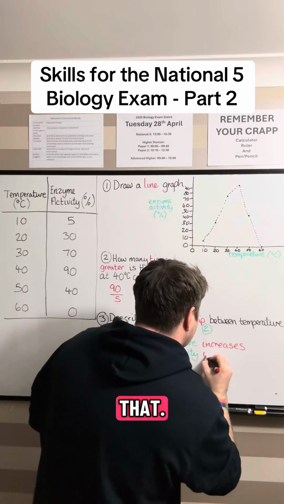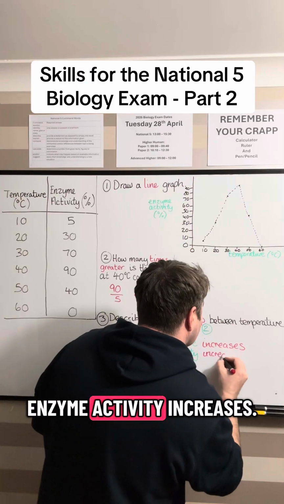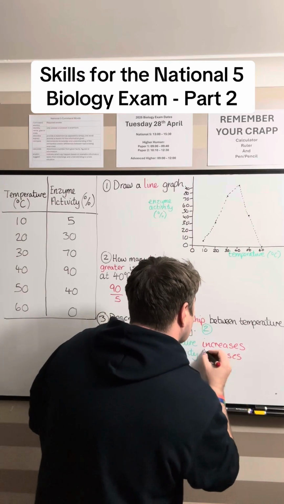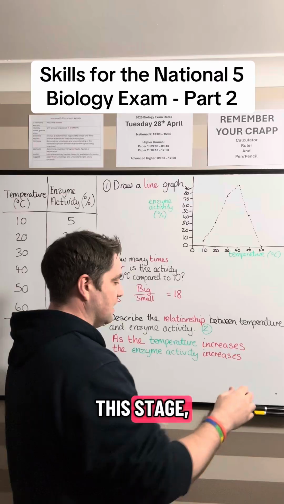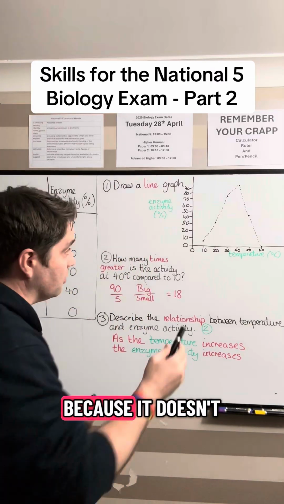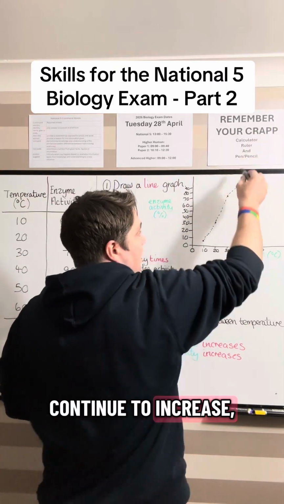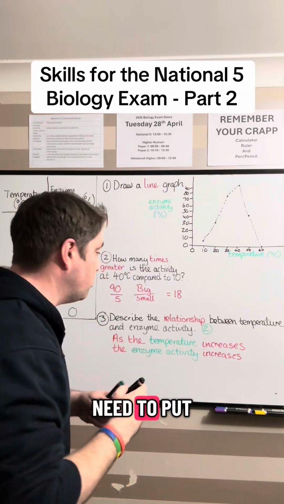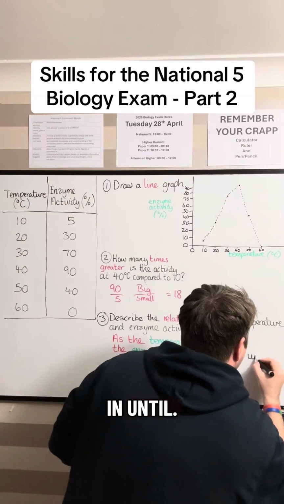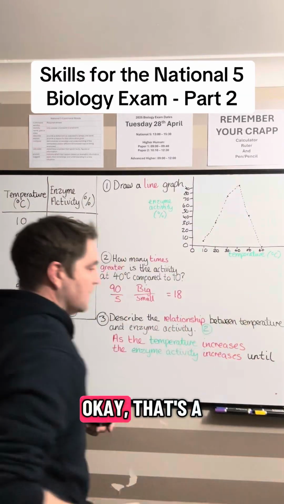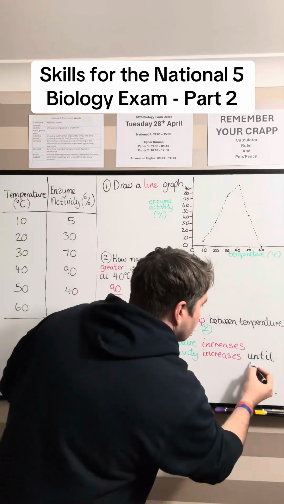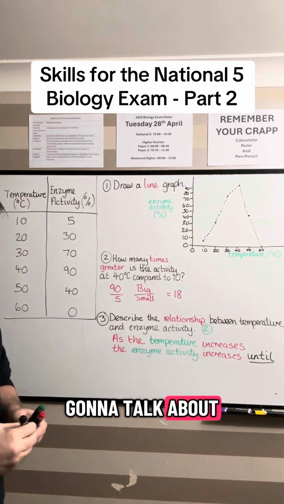So we'll write that: the enzyme activity increases. Now, at this stage, things get a wee bit tricky because it doesn't continue to increase, it actually falls again. So we need to put in "until", that's a key word there, until, and then we're going to talk about the change.